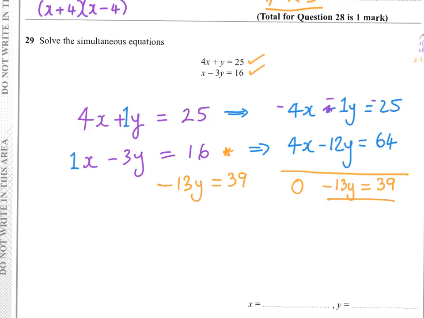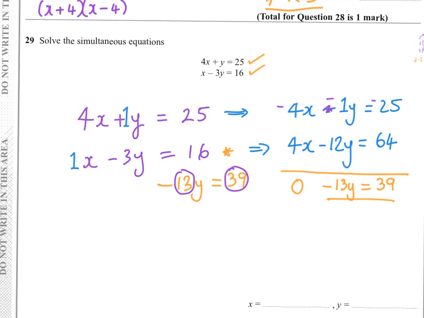Well, first of all, try and think about the number 13 and the number 39. Hopefully, you can see that 13 does go into 39 3 times, but that's quite difficult, and this is a foundation paper, so I understand that this is rather testing for a lot of students, okay?